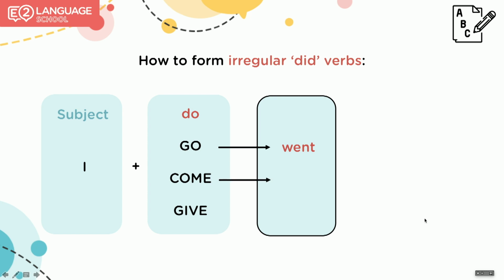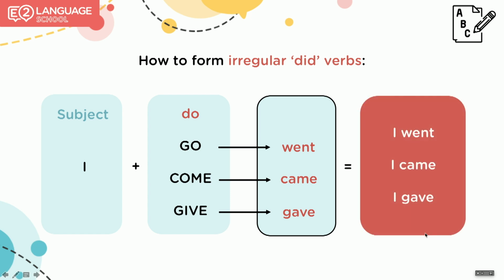Come becomes came. And give becomes gave. So there is no pattern here. We're not adding ed to some of these do verbs. Some of these do verbs are irregular. So then the sentence becomes I went, I came, I gave. Right?